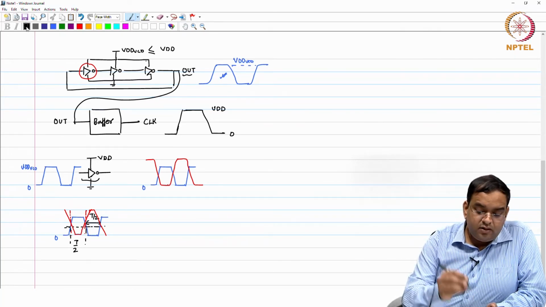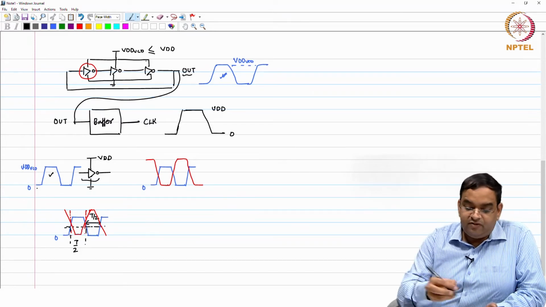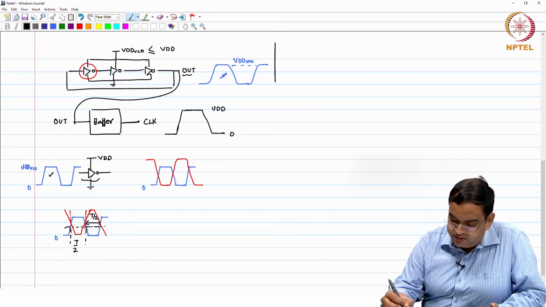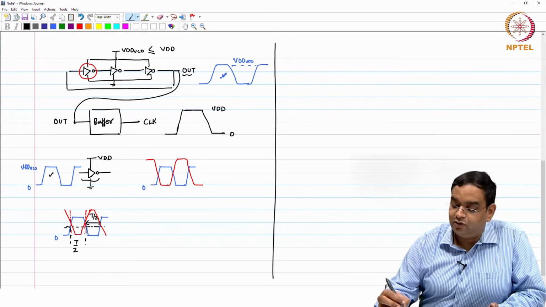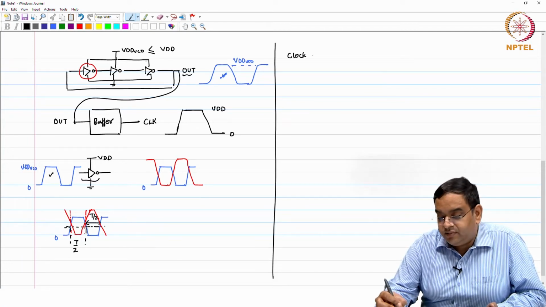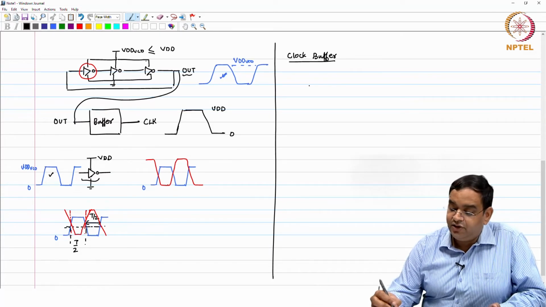So, what we should do here is the following: somehow we have to restore the duty cycle and buffer the clock. For that particular purpose, a clock buffer is something which we need to design, and we need to retain the duty cycle.